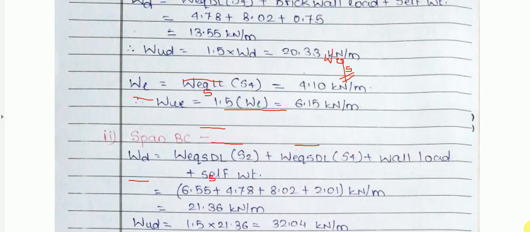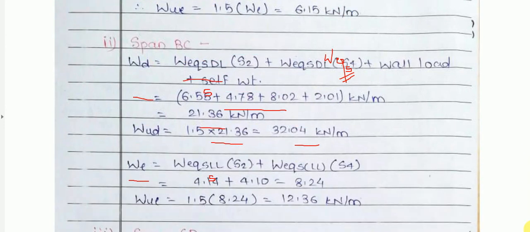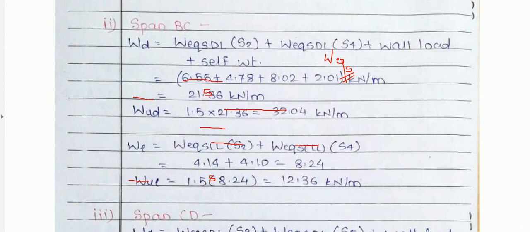In this span BC, you can see how exactly this calculation is done. For this span BC, we have WEQ SDL from S2 and SDL from S4, because span BC is associated with the two slabs S2 and S4. So from both of the slabs, the load due to shear will get transferred on this beam.